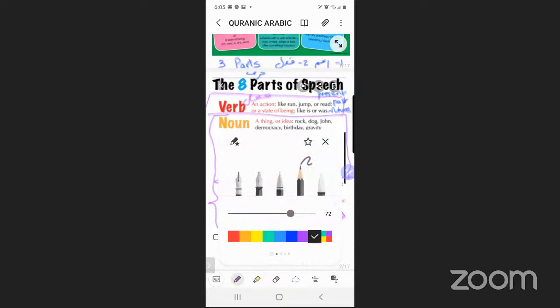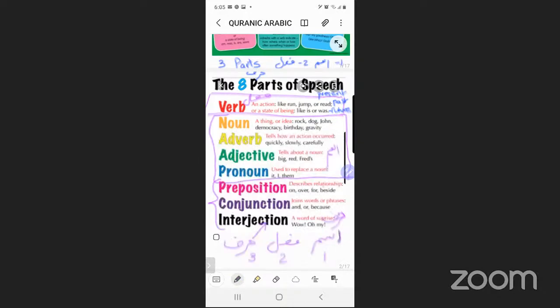I'm going to make it in black so it's easier to read. Ism, fi'l, action, and harf are particles or could be prepositions like harf jar, which we're going to go into. And they usually don't have meaning by themselves. They usually add to the meaning.